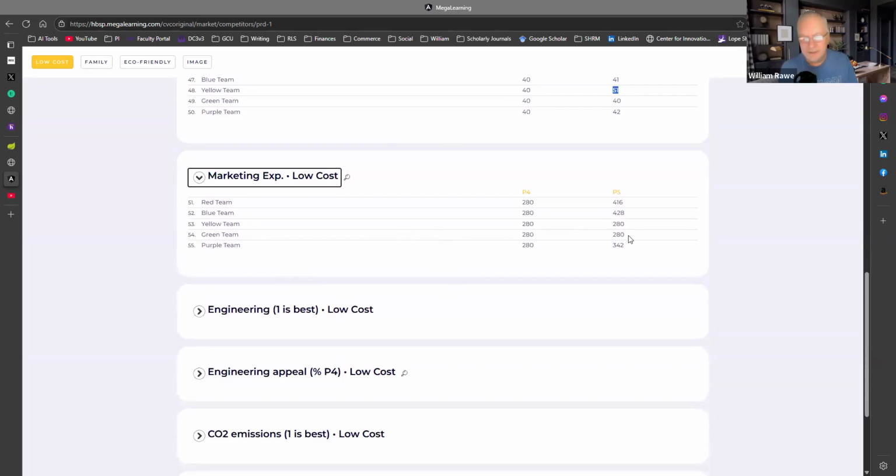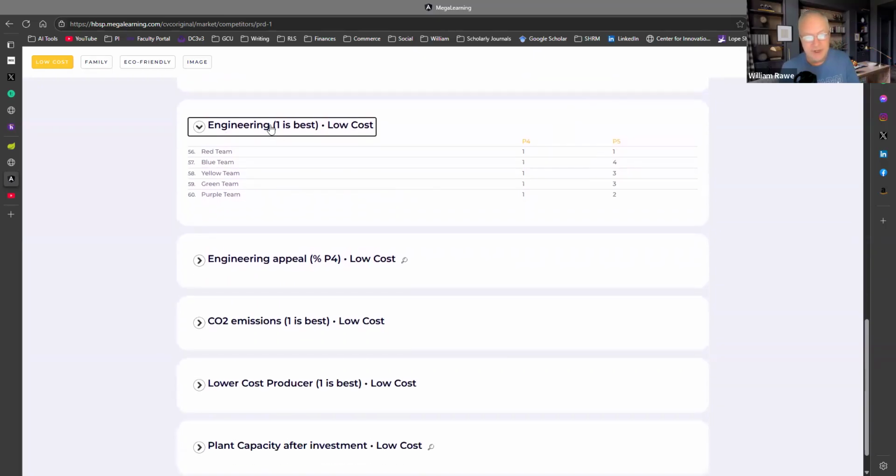I spent 280, same as green, but other teams were spending more marketing dollars, and more marketing dollars spent in the right way will cause you to have more orders and more sales as long as you have the cars available to sell.